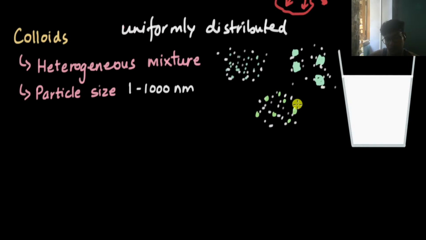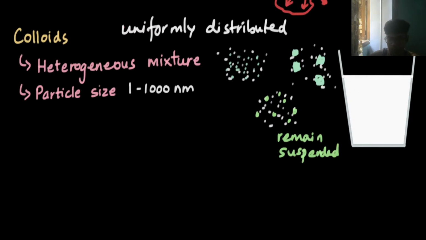For something to be dissolved, individual ions or particles need to take up the space in between the solvent particles. That is not the case with colloids. Neither is that the case with suspensions. But because the particles are much smaller than the particles in a suspension, these particles remain suspended. The colloid particles remain suspended and uniformly distributed.